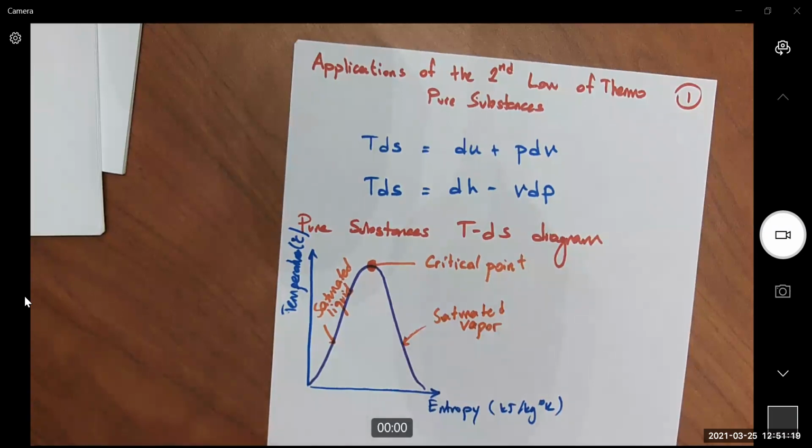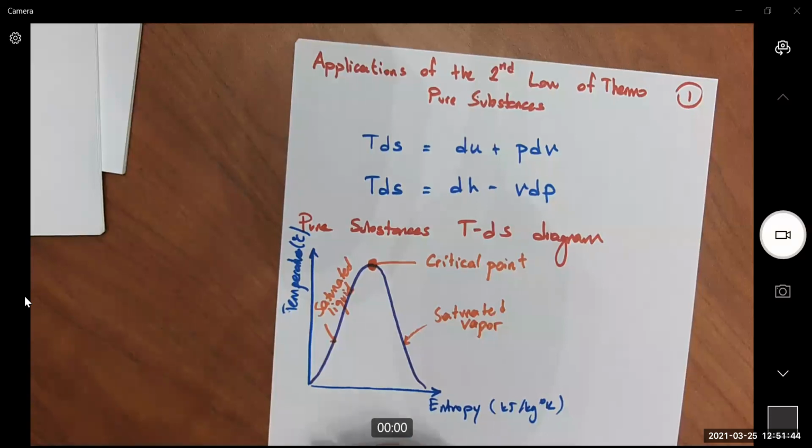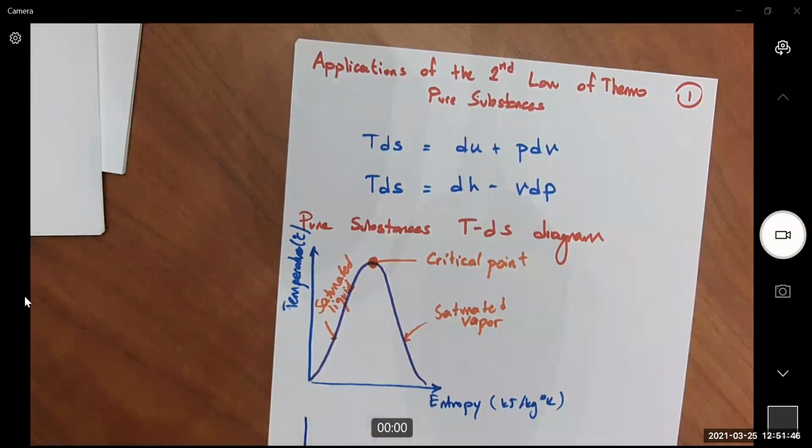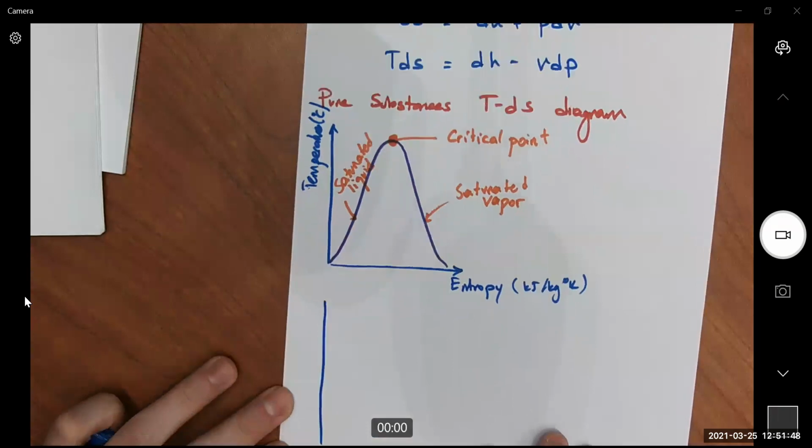Remember when I introduced the PV diagram, I said the PV diagram is a 2D slice of the 3D version, right? Temperature, pressure, and specific volume. Same thing, we are looking at TS here. Let's draw another diagram to make it clear.